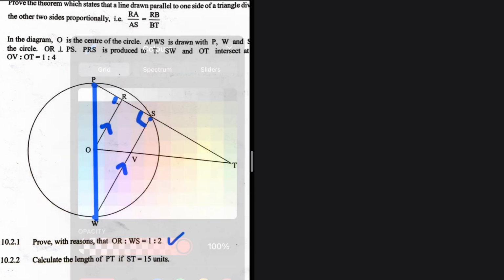Now let's take a look at the question we actually have in hand. We want to find the ratio of OR and WS. If you take a look at OR, we can say that OR is a side on triangle POR, and then WS is a side on triangle PWS.